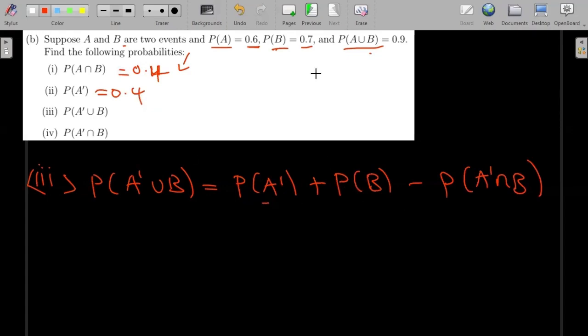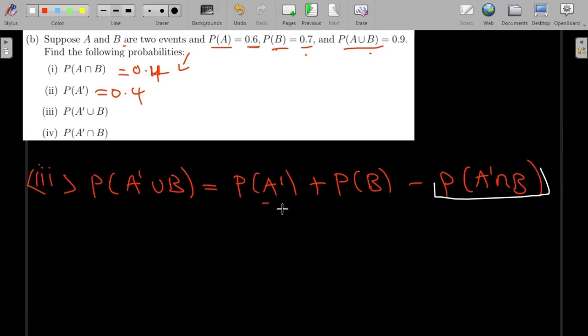The probability of B has been given as 0.7. So we only have to know the probability of A complement intersection B. Now here we're going to use an identity. So there I'm going to use this identity.